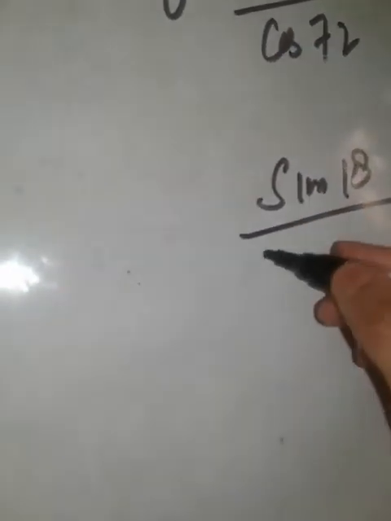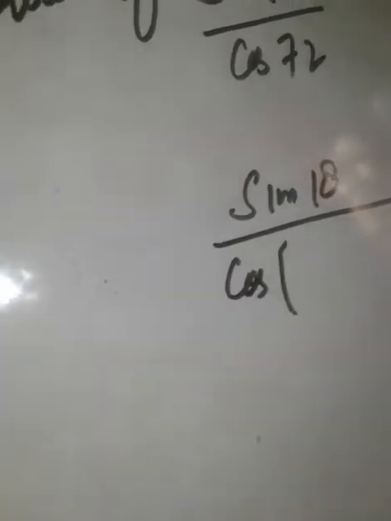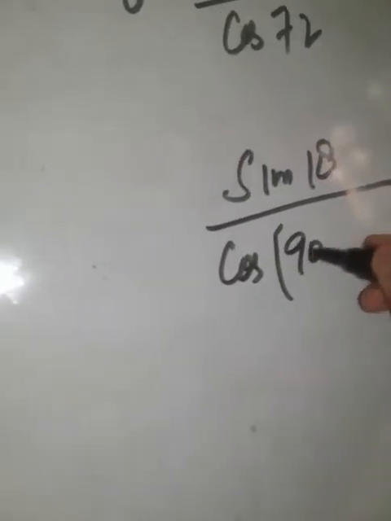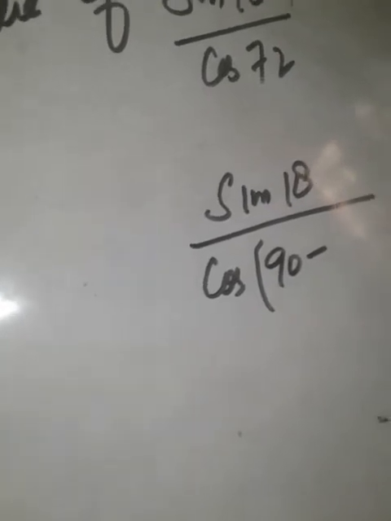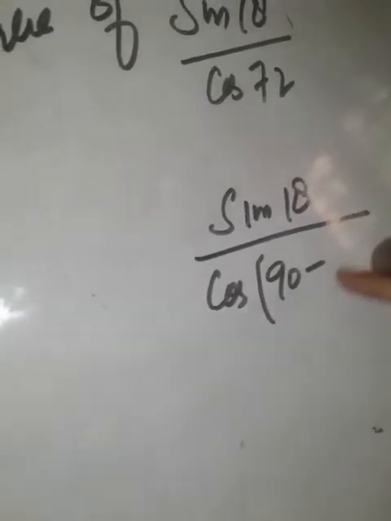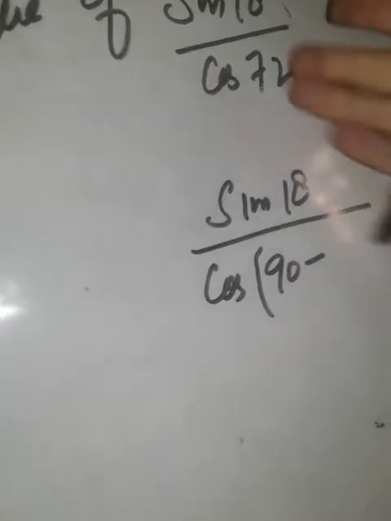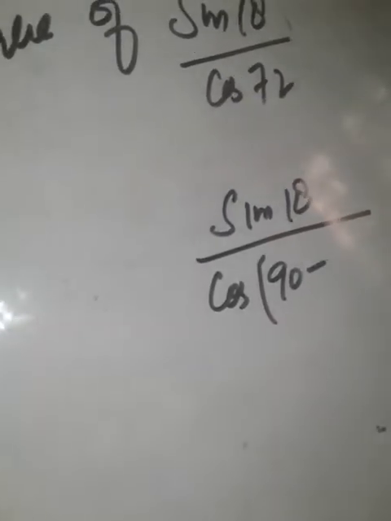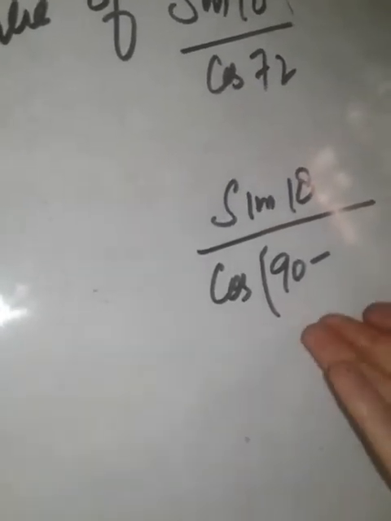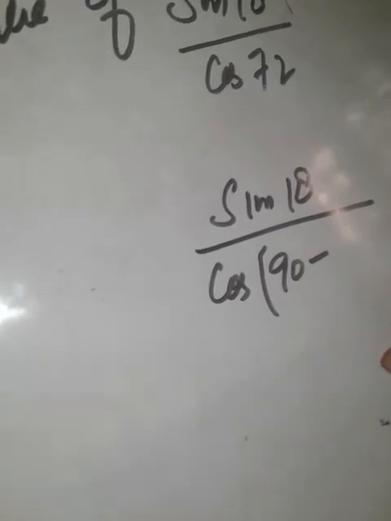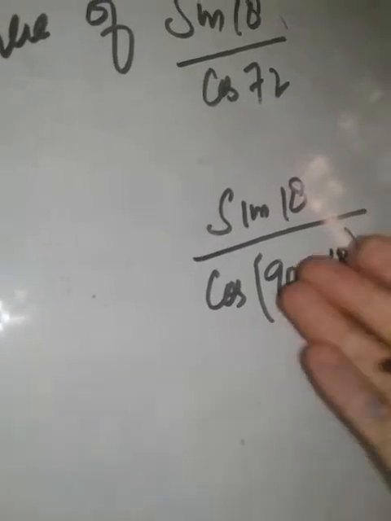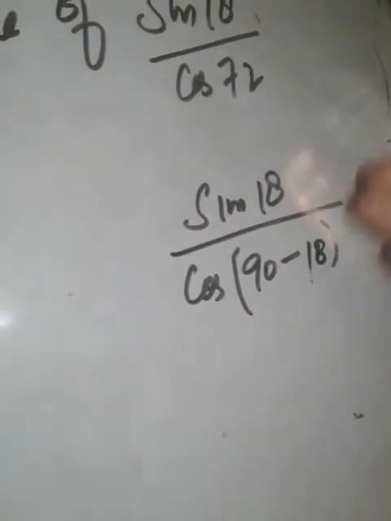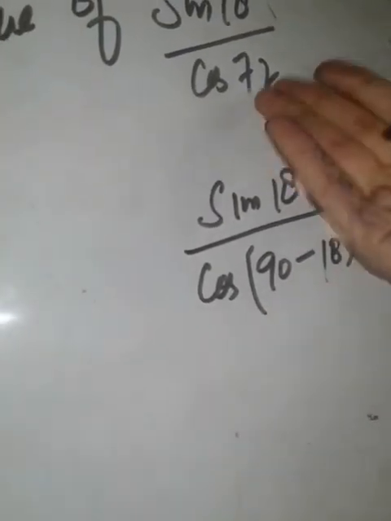Now write cos of (90 minus something). What amount of degrees must we subtract from 90 to get 72, because here it is cos 72? We must subtract 18. Subtract 18 from 90 and you get cos 72.